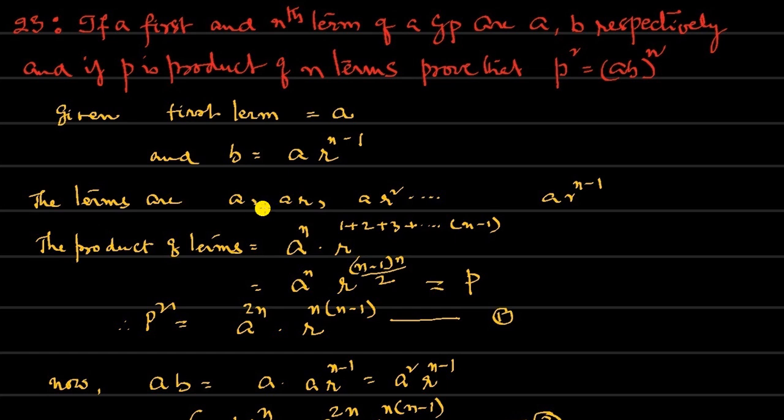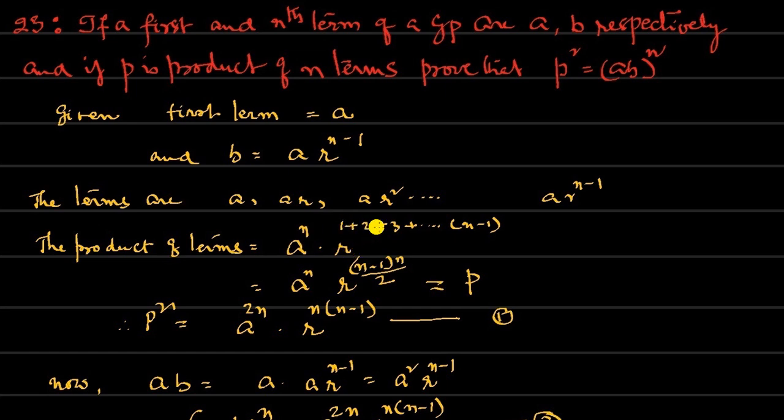Here, r power 0 plus r power 1 plus r square, so 1 plus 2 plus 3 up to n minus 1 times only. Because there is r power 0 here, the number of terms will be n minus 1 only for r.